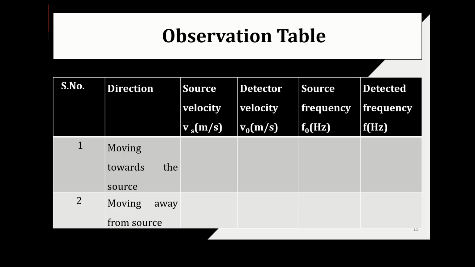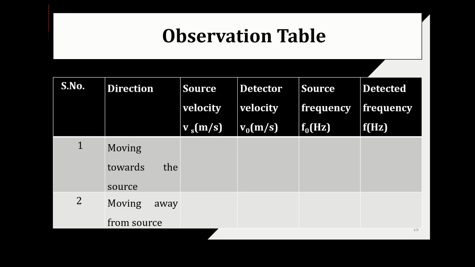Two readings you have to take. You give the velocity of the source, the velocity of the detector, and the source frequency. You give these values from the slider or from the simulation link, and the only thing you observe is the frequency value when they are moving close, and the frequency value when they are moving away. So this is the Doppler effect.